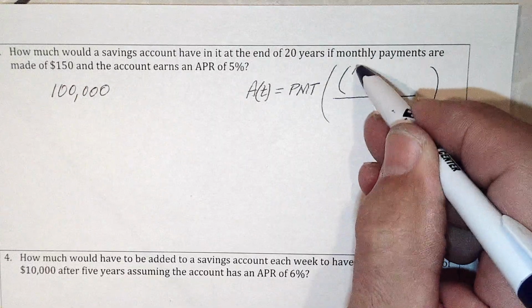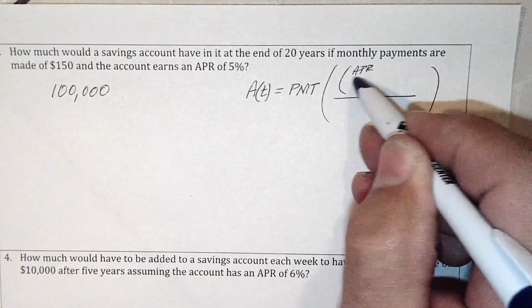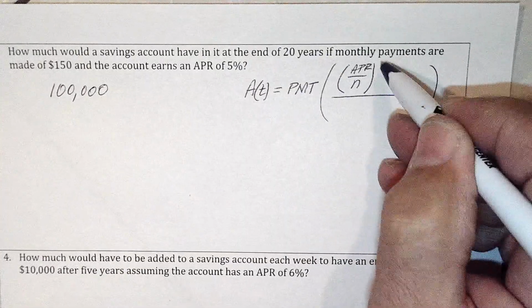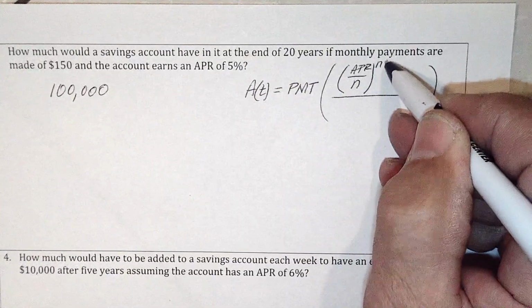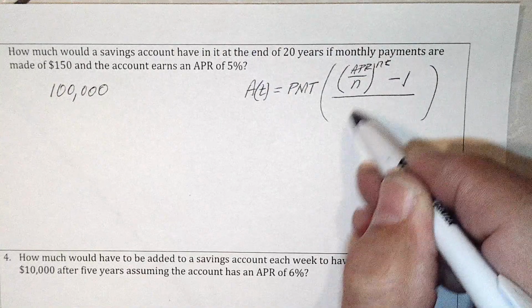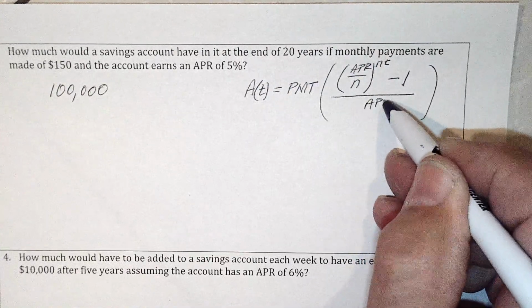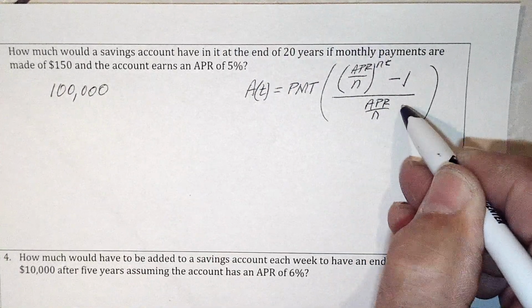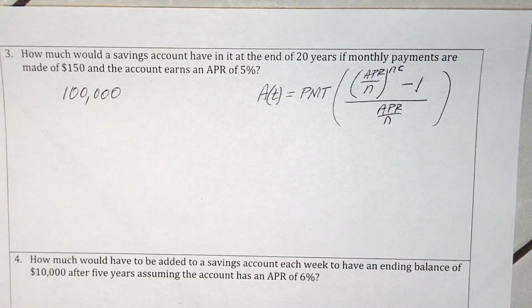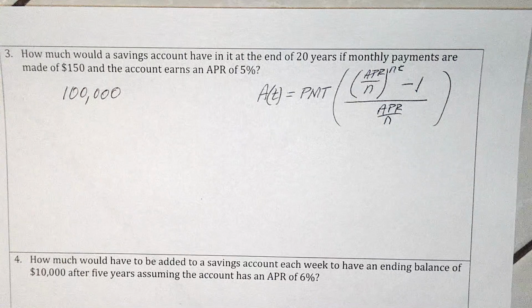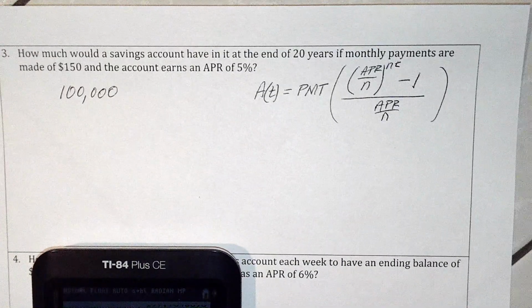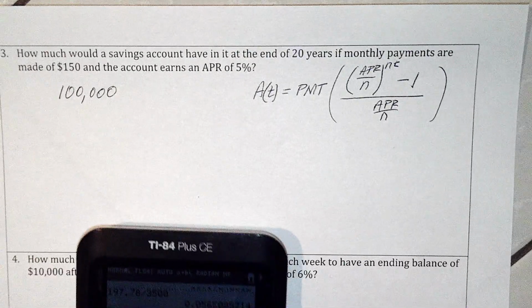But I think it's the APR over N to the NT, minus 1, over APR divided by N. So I better look that up real quickly here. I'm going to go with that, and then if it's wrong, I'll have to come back and fix that in my video.